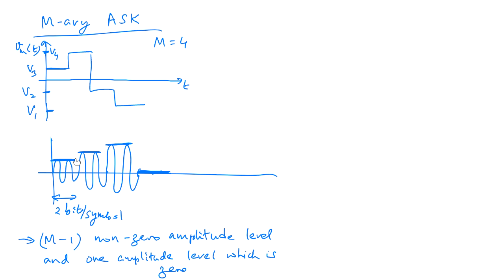So if that separation becomes smaller, so the distance between one amplitude level and the other level, that's the distance between one level and the other level, right?